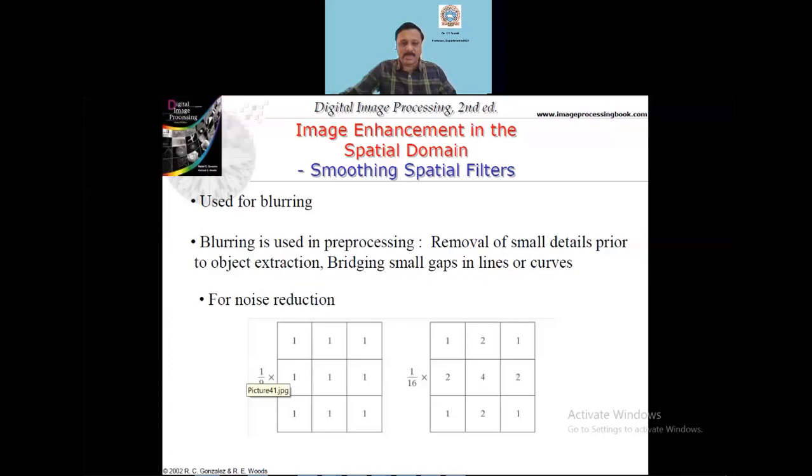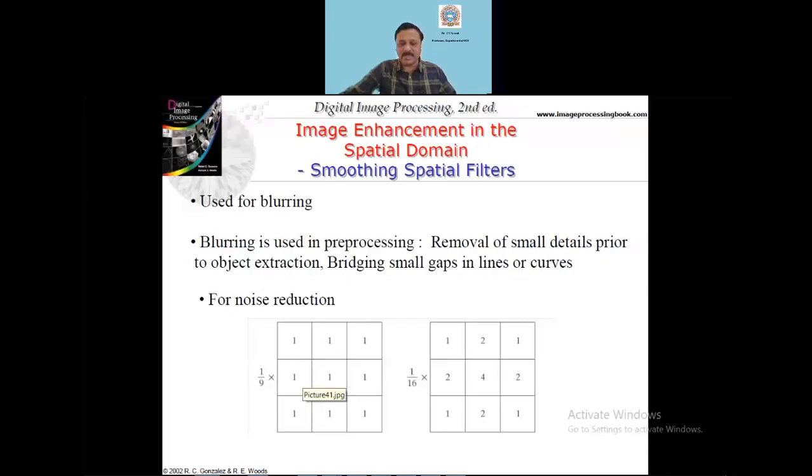There are two different spatial filters that we are going to discuss. The moment we say filters, the first thing that comes to your mind is a low pass filter. As you know, a low pass filter passes the low frequency components and attenuates the high frequency components. In an image, high frequency components means edges.